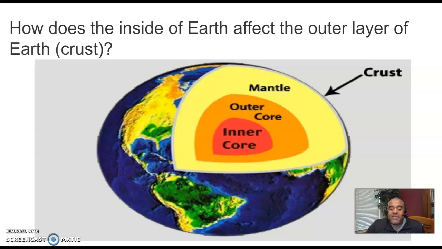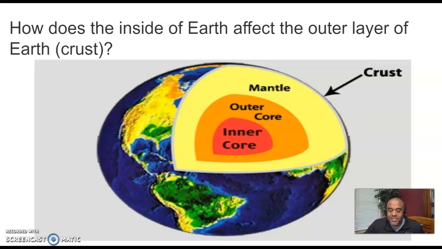Second guiding question, how does the inside of the Earth affect the outer layer of the Earth? Well, if the inner core is really hot and we can't live there, there's something going on in the inside of the Earth that's creating all these things to take place on the crust. The composition, the elements, the materials, the substances, the matter of the mantle and the outer core, they're all contributing to what's taking place on the crust.